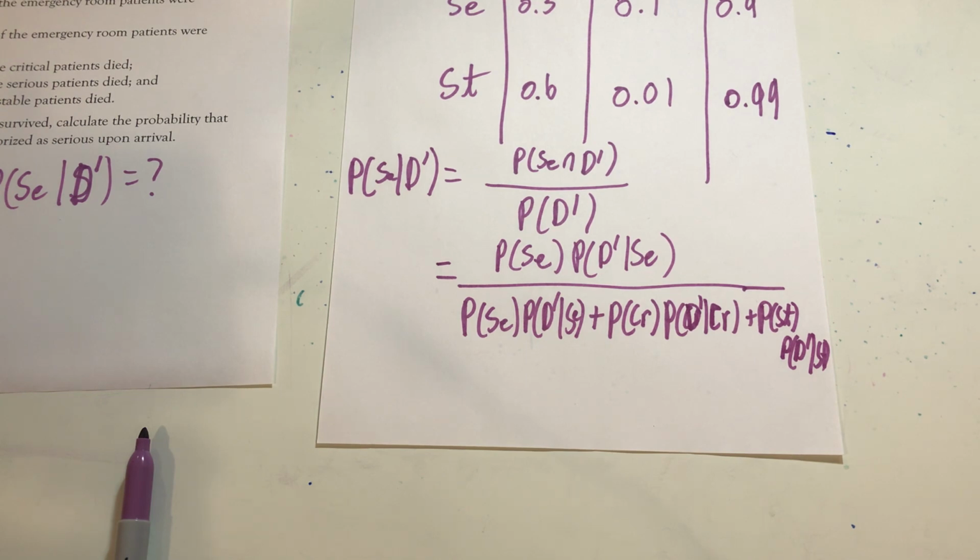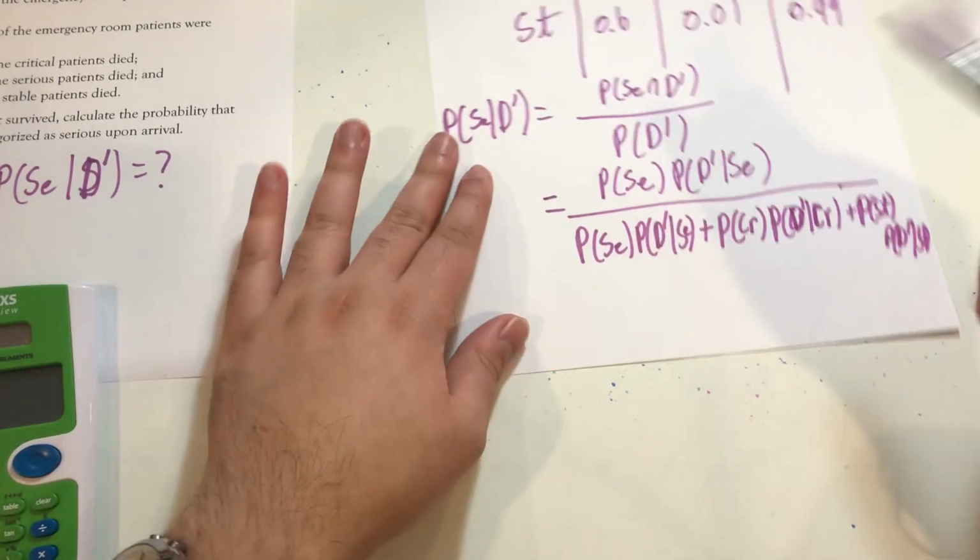So, filling in this information, right? I can actually just write one more line.